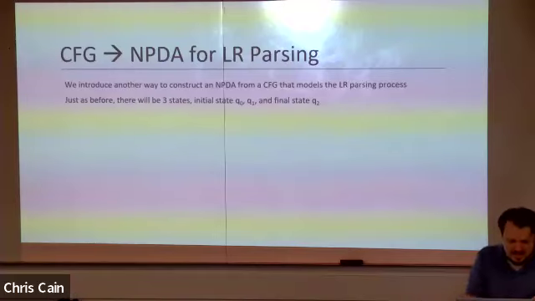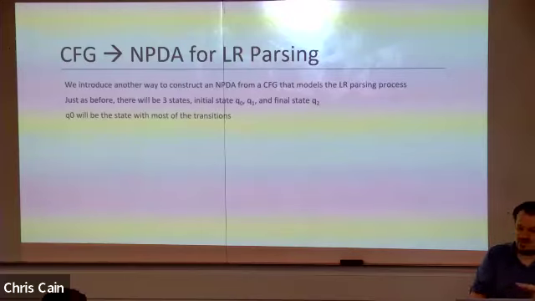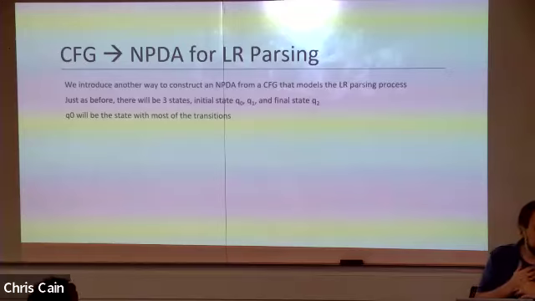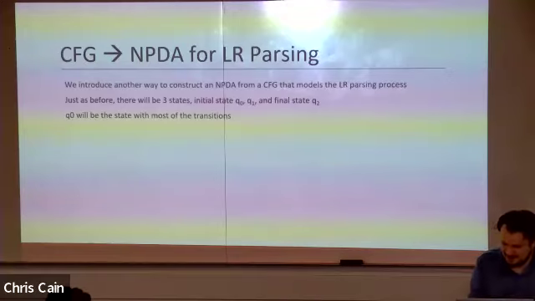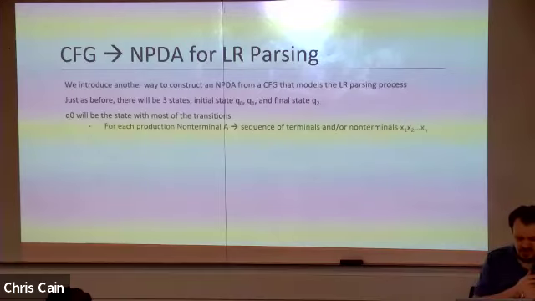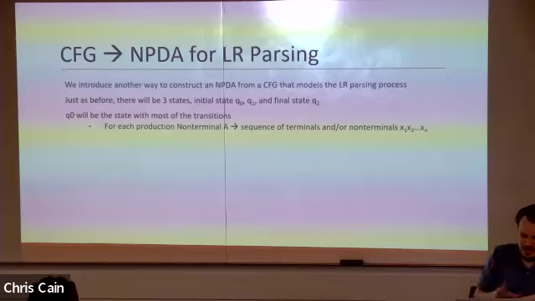On the other hand, for this we're going to do most of our work in Q0 before we even move. As soon as we move to Q1, we're almost done. So what do we do? We're gonna look at every production in the grammar. So we have a non-terminal, arrow, some number of terminals and non-terminals.